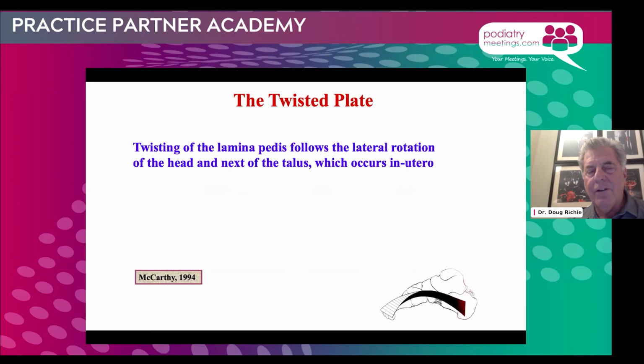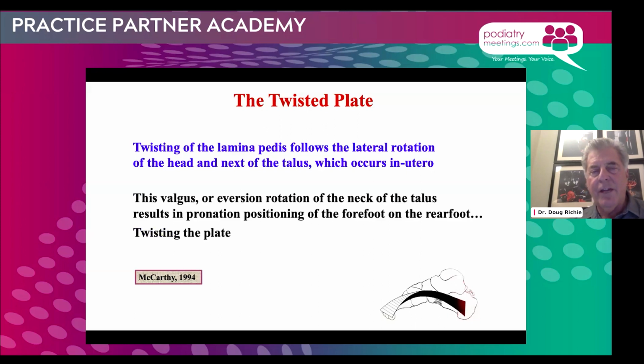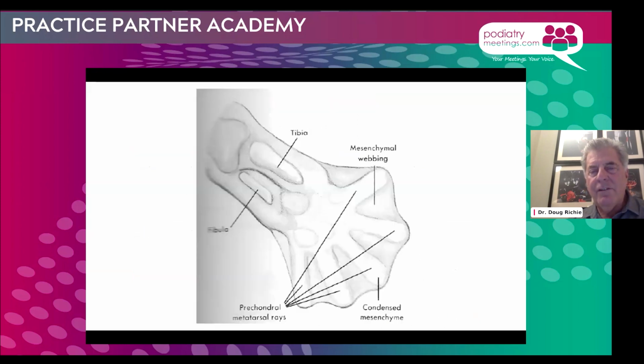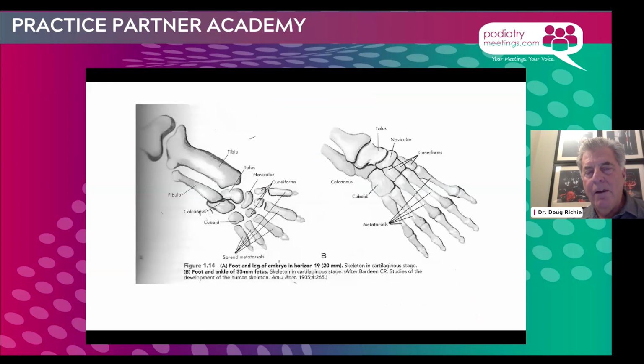This was documented early by Serafian and later by McCarthy. And this is a picture of a 1-week embryo, a human embryo, where the bones of the feet are hardly developed and they lie in a flat plane. The critical change occurs here in week 8. Talus and calcaneus lie flat.